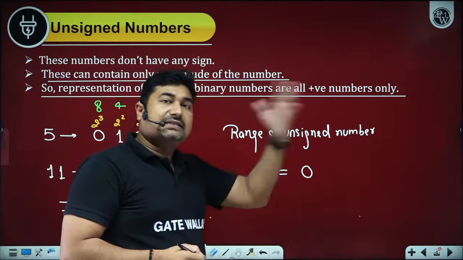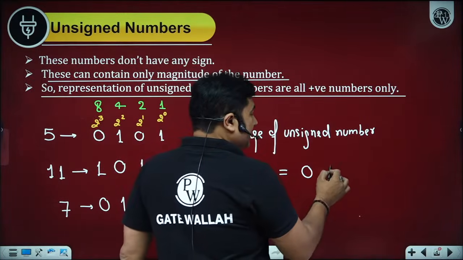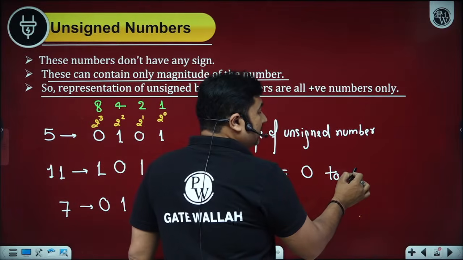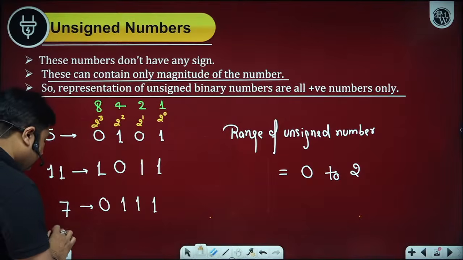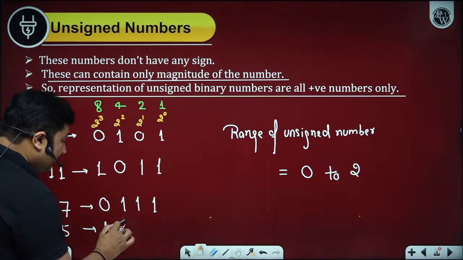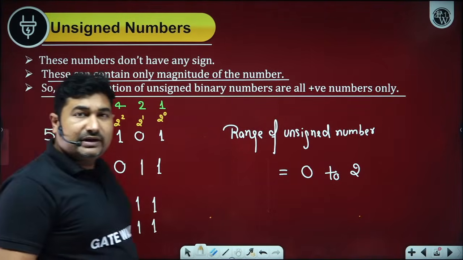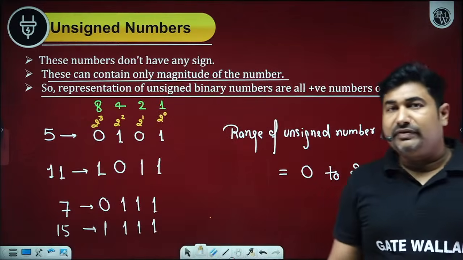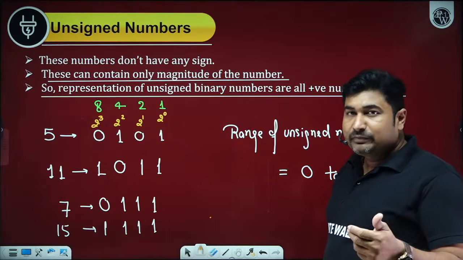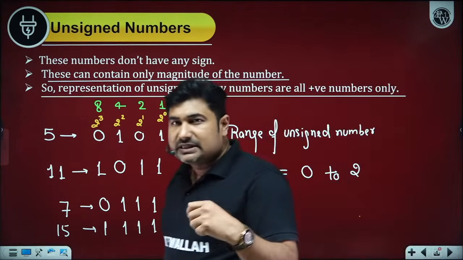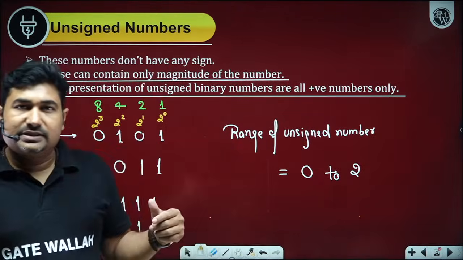And what is the maximum that you can represent? Maximum is the decimal equivalent of the number represented. Sir, for a 4-bit, the maximum we can represent is the binary of 15. For a 3-bit, the maximum is the binary of 7. For a 2-bit, the maximum is the binary of 3. Is it okay? Yes, sir.